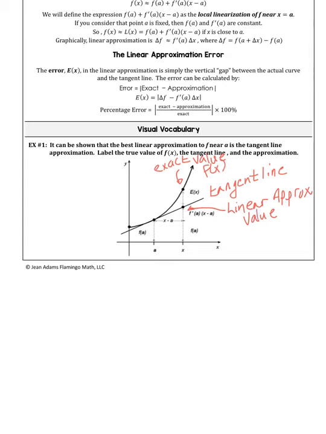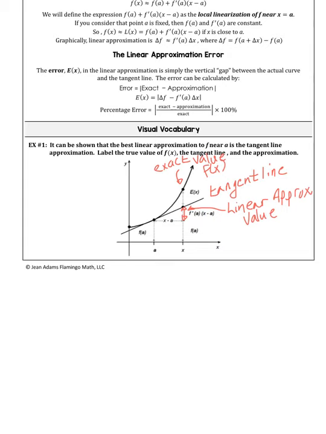And so you've got this distance from here to here, and this distance from here to here. So remember, this is your change in y, and this is your change in x, and it creates the value for the slope of the tangent line. So if you were to set this up, you would end up getting the slope of the tangent line being f prime of a.